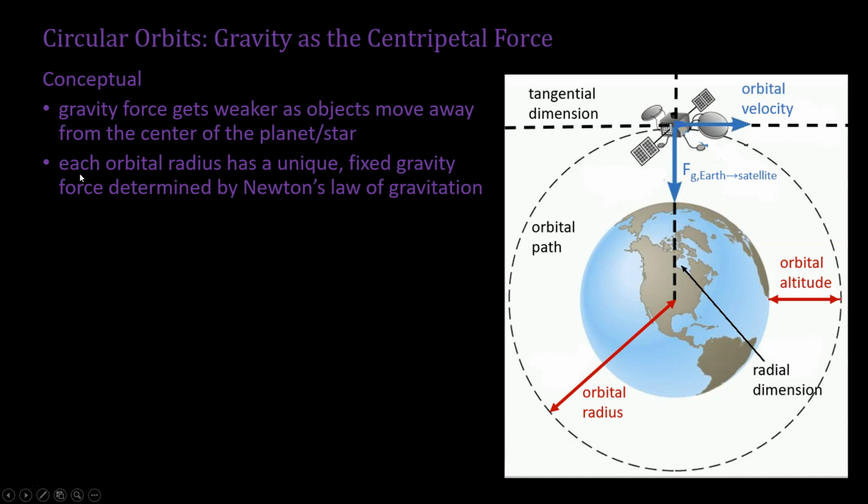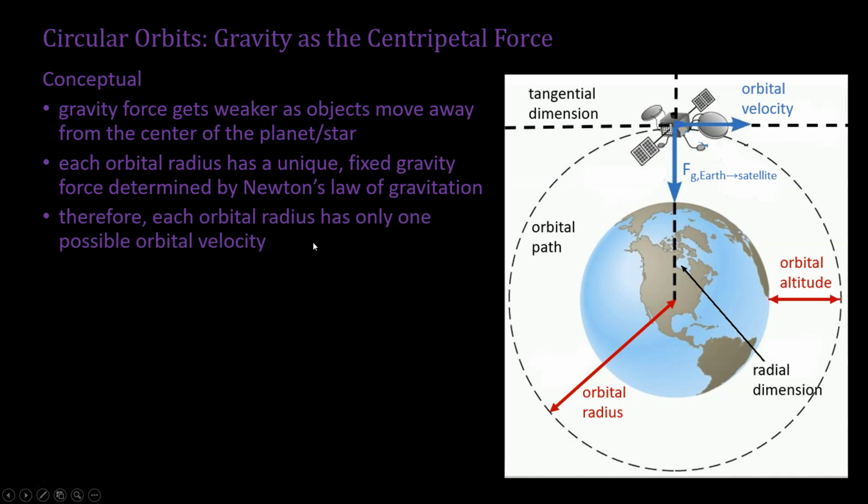And because the strength of the gravity force is a function of how far you are from the center of the Earth, each orbital radius has a unique fixed gravity force. And this is determined by Newton's law of gravitation. We're not going to get into that in this unit. We will cover that in our unit on gravitation.